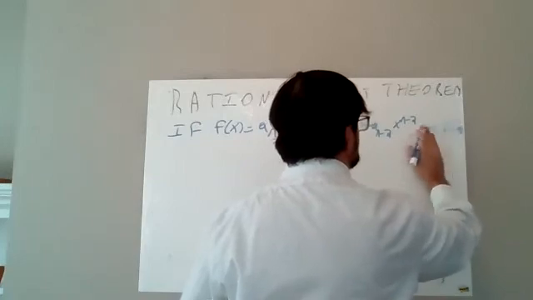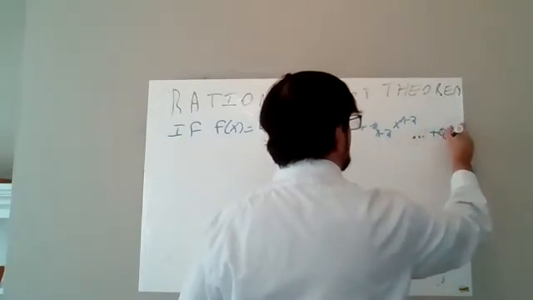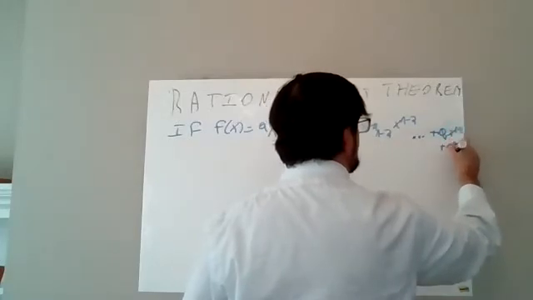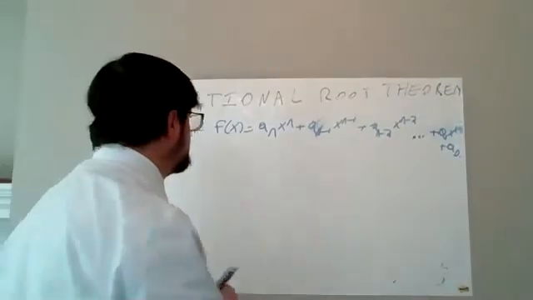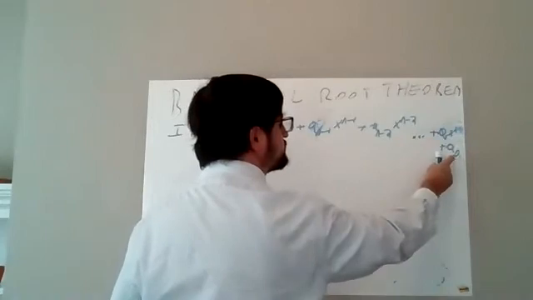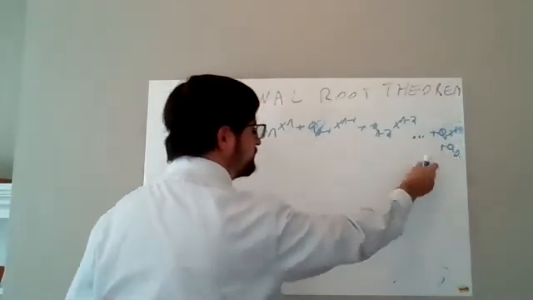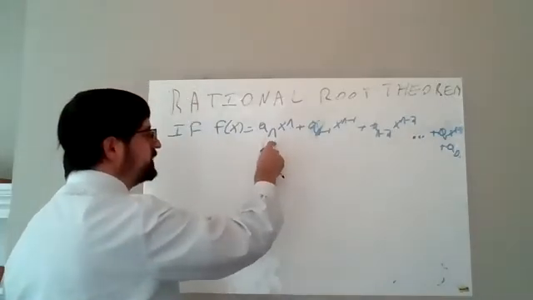Oh, I'm running over. Let's make my dots a little smaller. a_1 x to 1 plus a naught. I guess I'll go to the next line. Hopefully we don't mind that. All right, so the idea here is I've written it in descending powers, a naught, a0, being my constant term, right? And a_n being my lead coefficient.